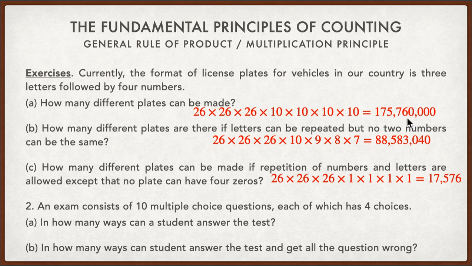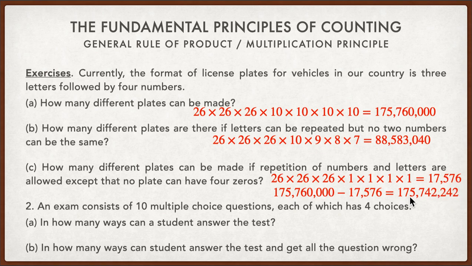So letter A's answer is 175,760,000. We're going to deduct 17,576 from that. So we have 175,760,000 minus 17,576. The answer will be 175,742,424. Sorry, this is a typographical error.